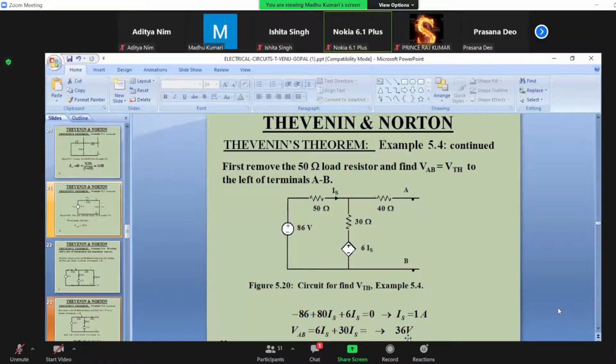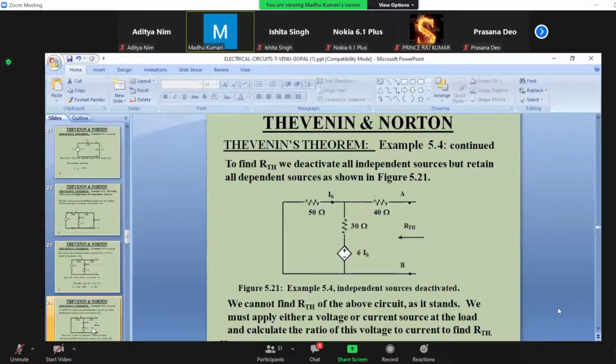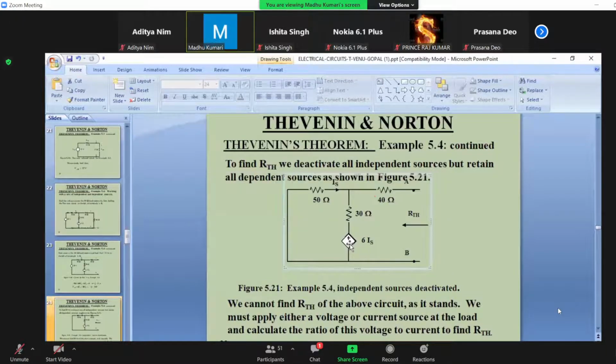Okay? Now calculate RThevenin. How will you calculate RThevenin? Whatever the independent source, that is shorted. But the dependent source cannot be short circuited or open circuited.